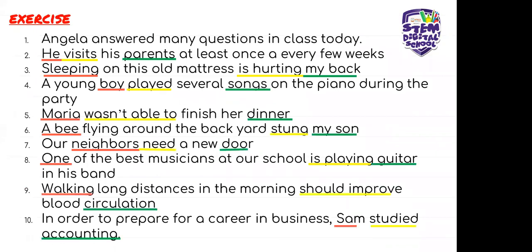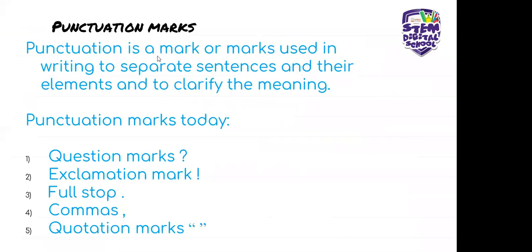Okay. So punctuation marks. Punctuation is used in writing to separate sentences and their elements to clarify the meaning. Okay. So that is what you use at the end of a sentence or during a sentence to clarify its meaning or to make it easier to read.